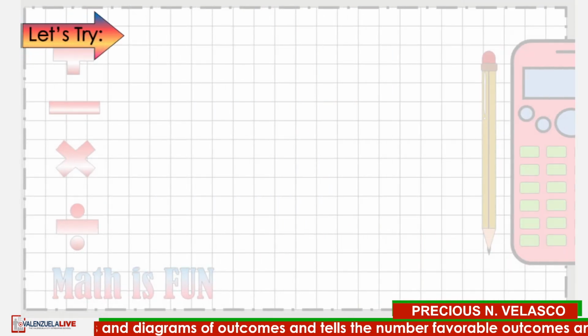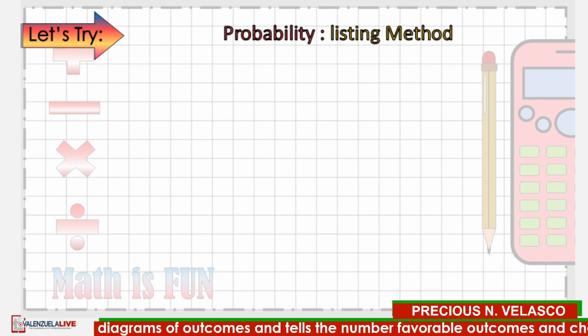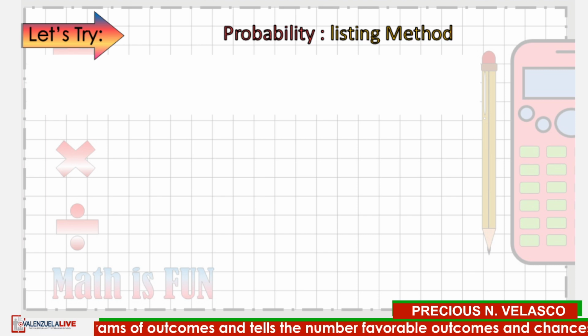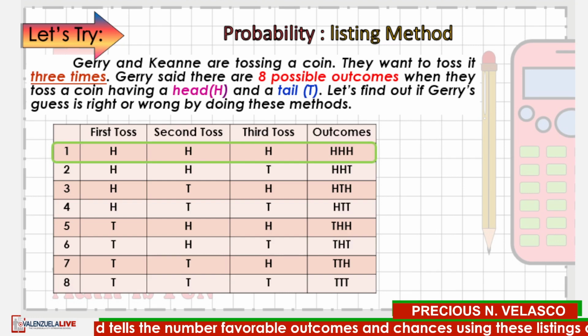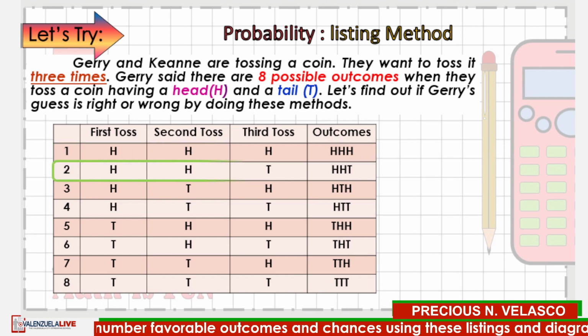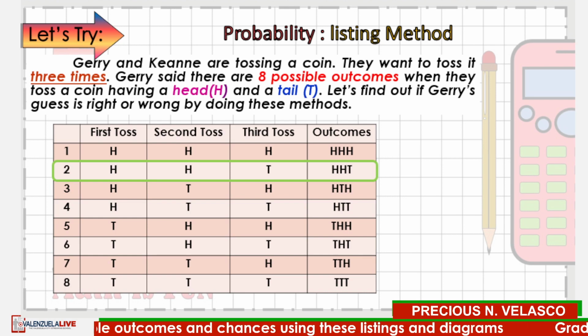And then let's try another method, which is the listing method. For the first, second, and third toss, they have a result of head, head, and head. For the second trial, the first and second have a result of head, and the third has tail.